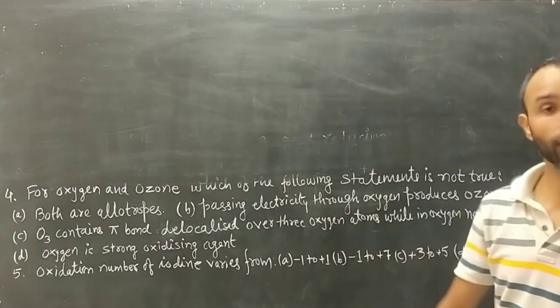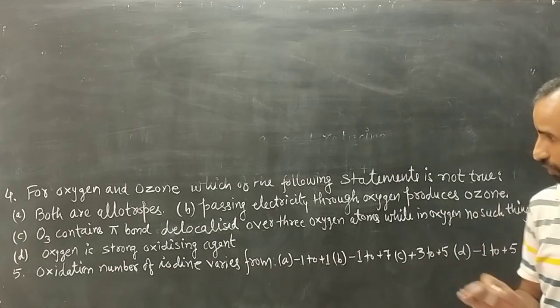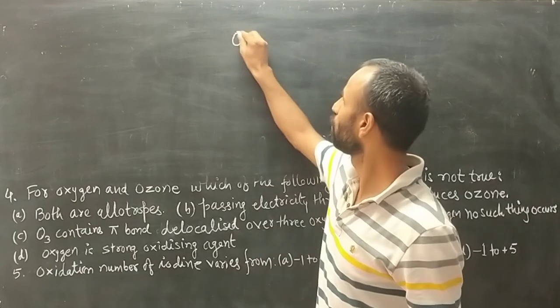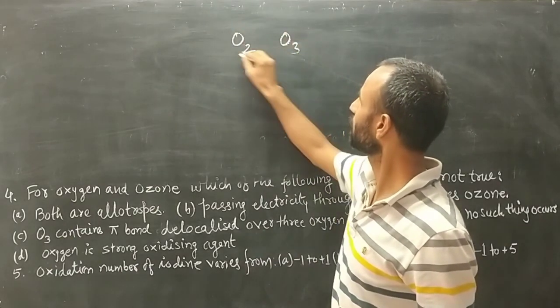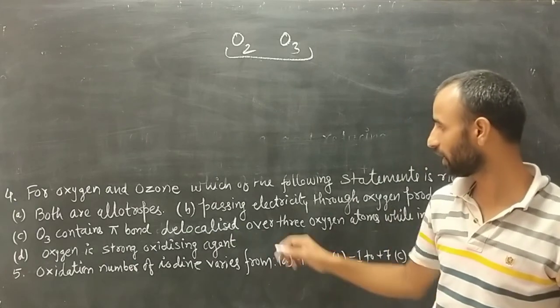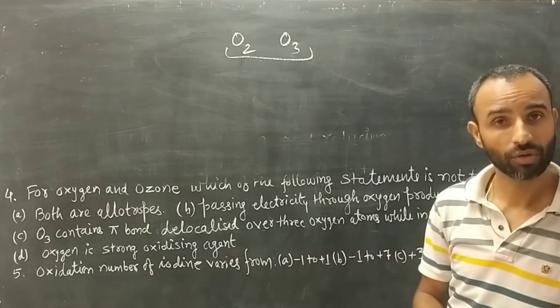Now for oxygen and ozone, which of the following statements is not true? First, both are allotropes. Yes, O2 and O3 both are allotropes of oxygen. Then passing electricity through oxygen produces ozone.